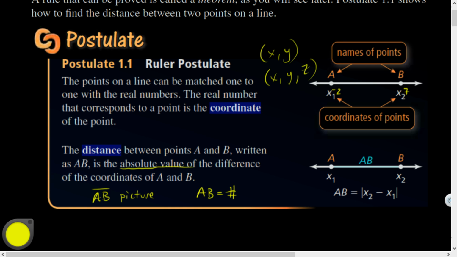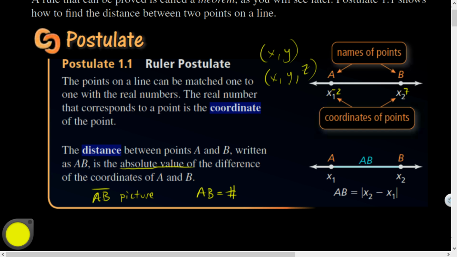When I talk about how far I am from my house right now, I wouldn't say negative 23 miles. I would say 23 miles. We measure positively. So the distance is the absolute value of the difference, so that's subtract, of the coordinates of A and B. So AB, that's not the segment, that's the distance, a number, is equal to the absolute value of the difference of those numbers, and distance will always be positive.